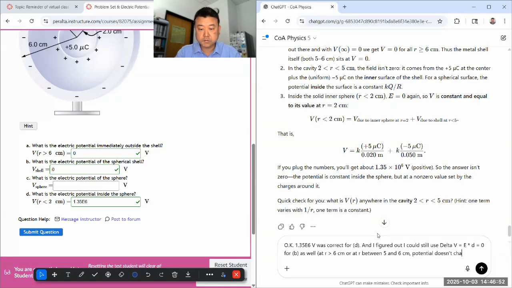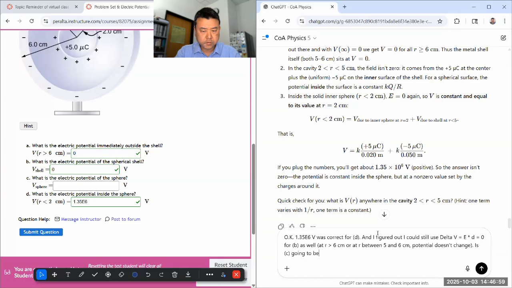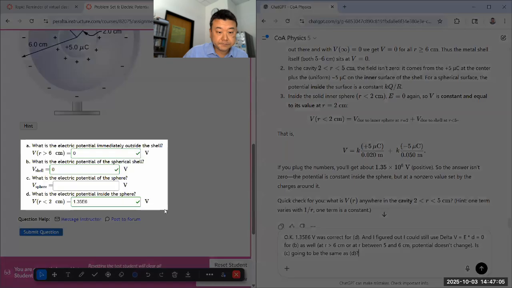Potential doesn't change. Is C going to be the same as D? And it'll probably say yes.